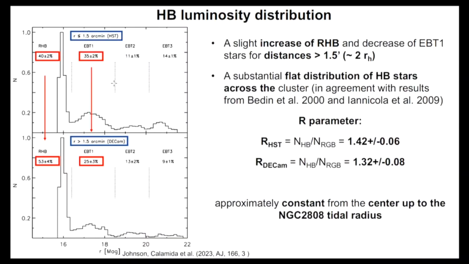And what we see is that the red horizontal branch stars, here in red, their number increases going from inside the cluster to outside, as you can see. And while the number of the blue stars here decreases going from inside the cluster to outside the cluster. The total number of horizontal branch stars along the cluster from the center to the tidal radius stays constant and confirms previous results based on wide-field camera data and HST data as well.